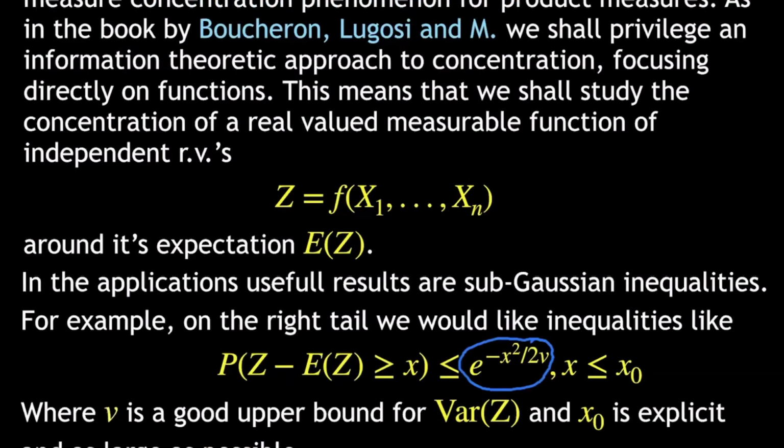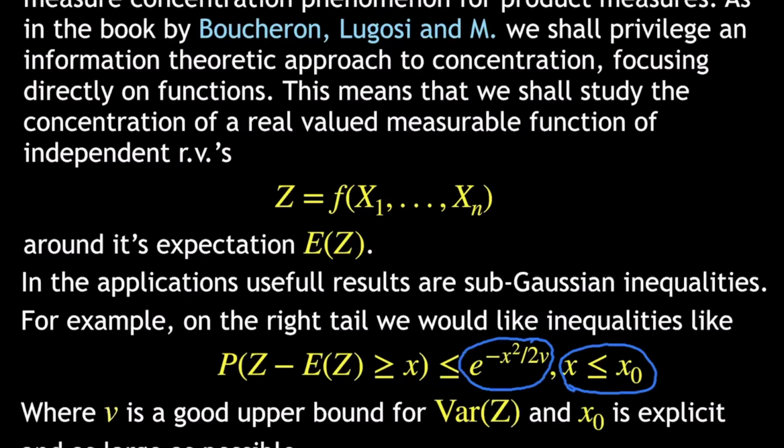When you have a Gaussian variable, it's a bit too ambitious to find the variance here, but a good upper bound of the variance will be okay. And now we hope that this inequality will hold on the full half line, 0 to plus infinity, but again, it will not be the case, generally speaking.